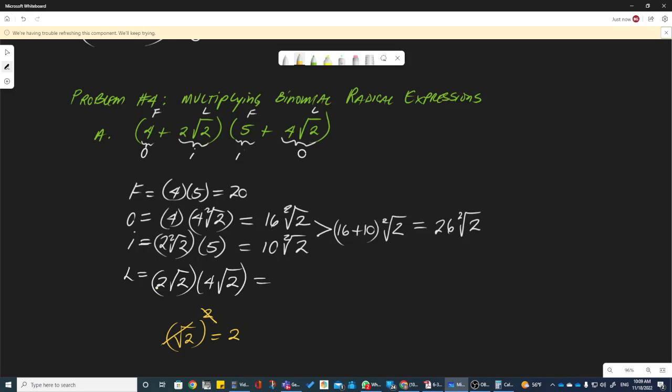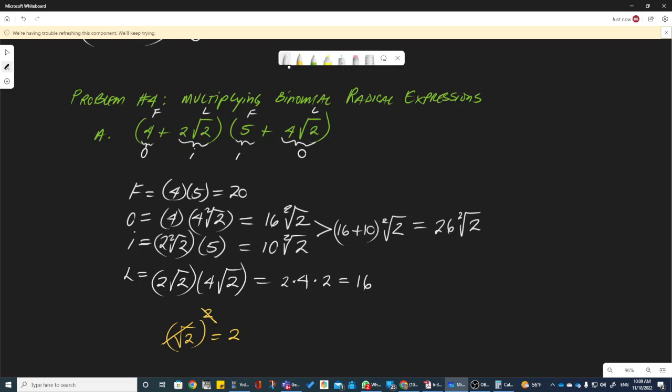So you will have to multiply 2 times 4 times 2, okay? So this is equal to 2 times 4, and then this 2 goes out, right? Because it's squared, times 2, okay? So 2 times 4 is 8, times 2 is equal to 16, okay?